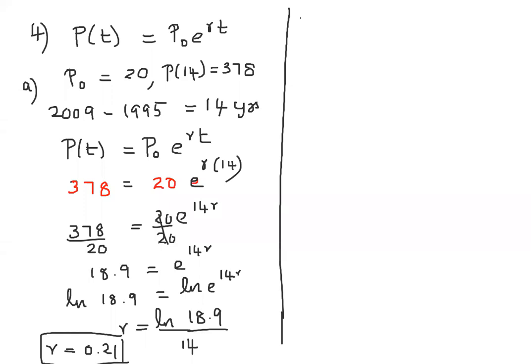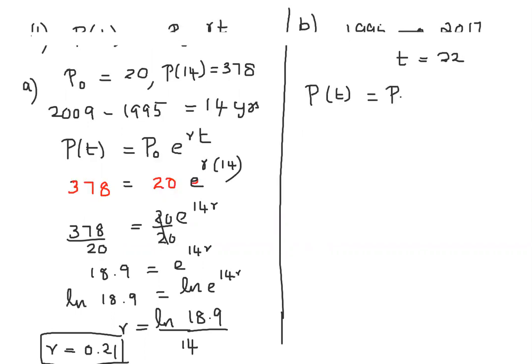The next part says use the model from part A to approximate the number of pythons captured or killed in 2017. So from 1995 to 2017, t is going to be 22 years. So we have to use this model. This is the model, but we got the r.